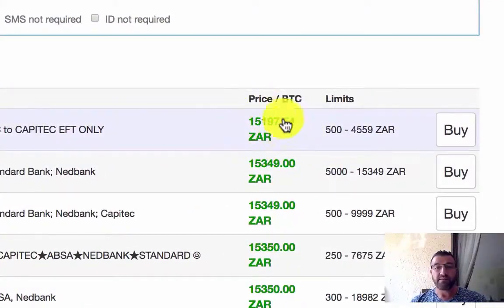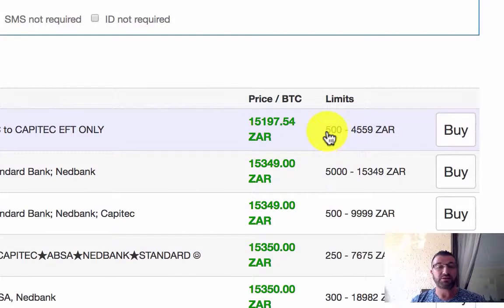Over here, this is the price of his Bitcoin. And over here, the limits are the amount of money that he's prepared to accept. He's prepared to accept payments from 500 Rand to 4,559 Rand. The reason it's 4,559 Rand is that's the maximum amount of Bitcoin that he has in his wallet.